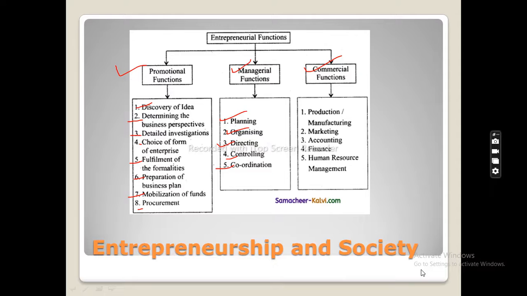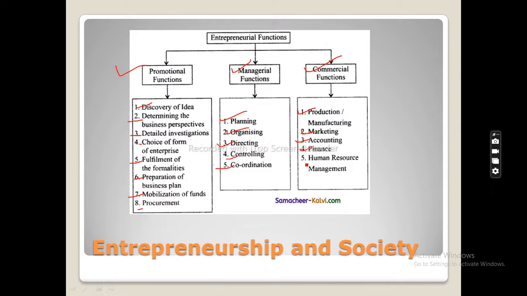an employer and employees. We have some commercial functions like production. If there is a factory, how the production is going on, how the manufacturing is going on, and how the people of the factory are selling the products. Accounting means related to money: how much money the company is earning and how much they are spending on the products.